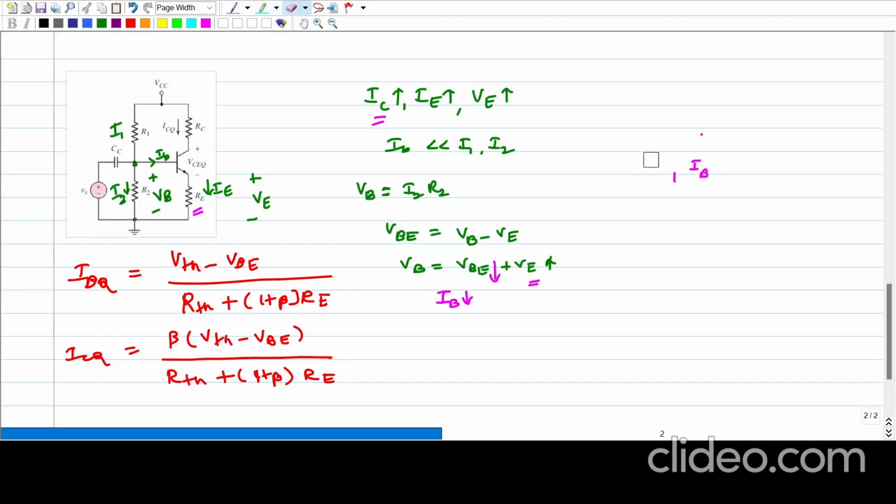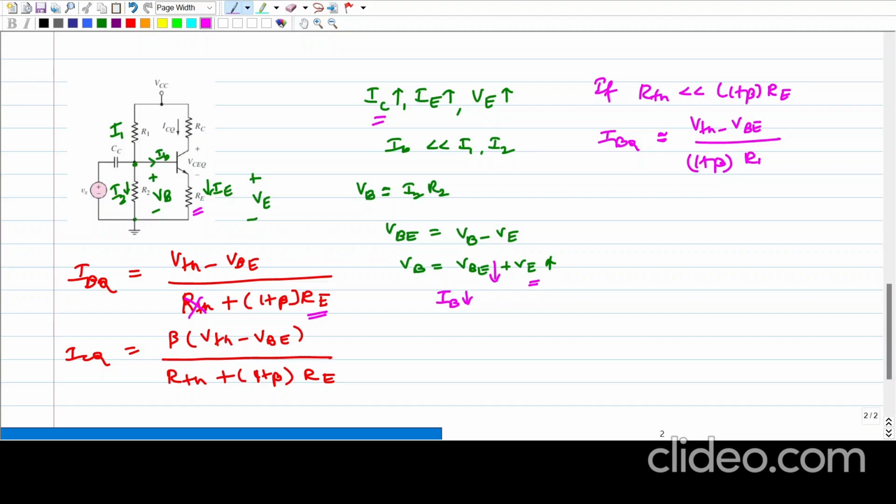Now, from this equation, we want this ICQ to be independent of beta. For that, if RTH is less than (1 plus beta) RE, we can see from this equation that if RTH is small, we can neglect it. So IBQ is approximately equal to VTH minus VBE divided by (1 plus beta) RE.